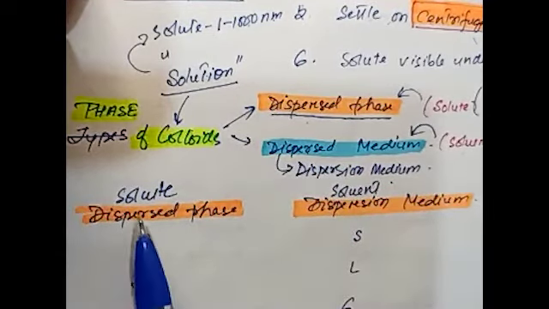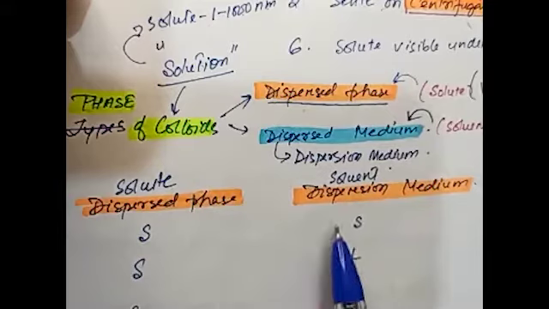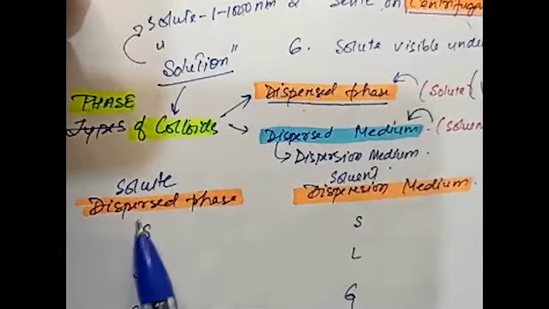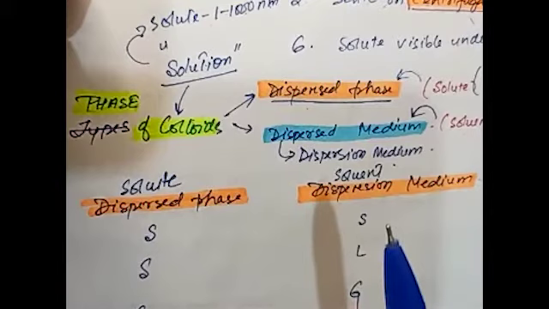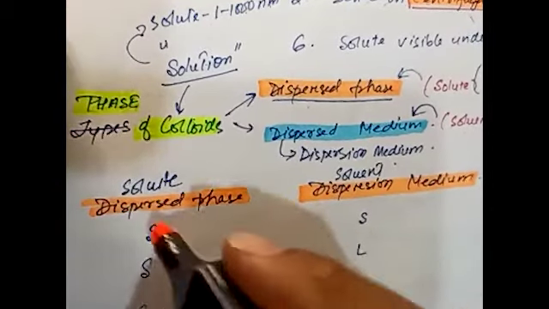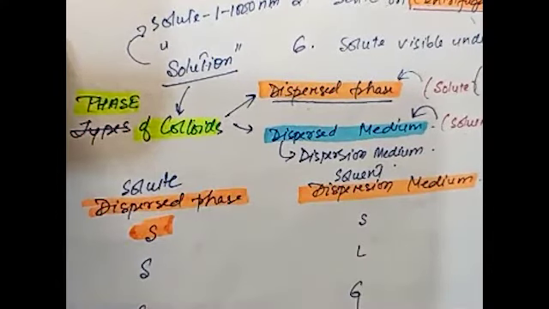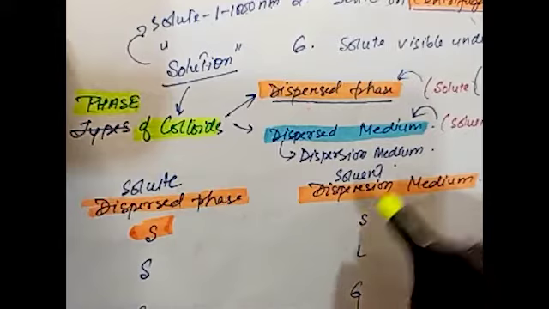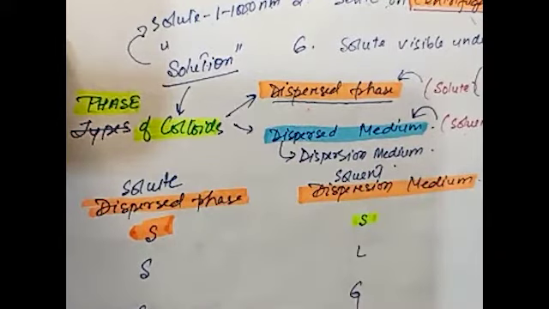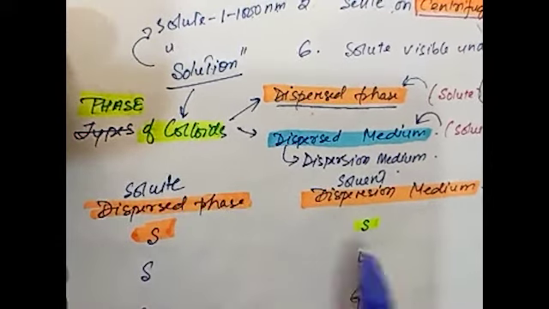Suppose the dispersed phase or the solute is solid and the dispersion medium is also solid, both are solid only. One is in lower quantity, the other in greater quantity. The solute is the lower quantity and the solvent is the higher quantity. This is the difference only.